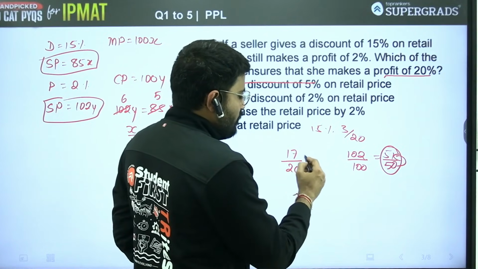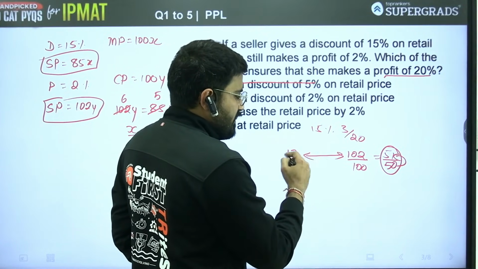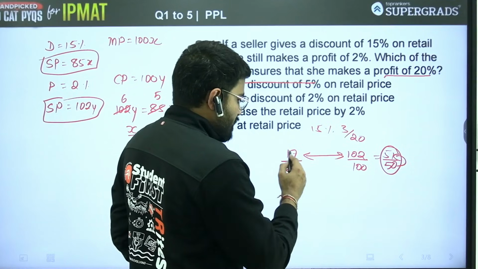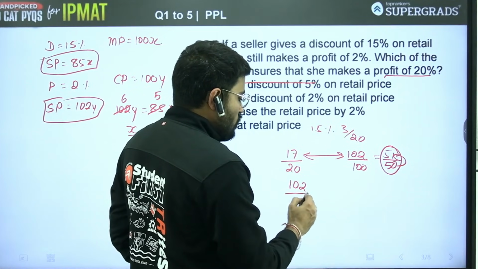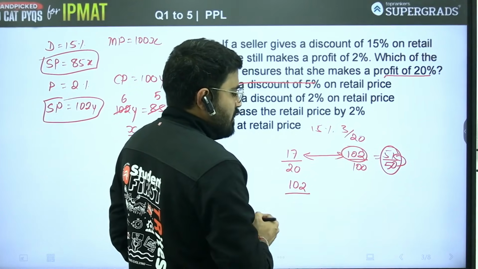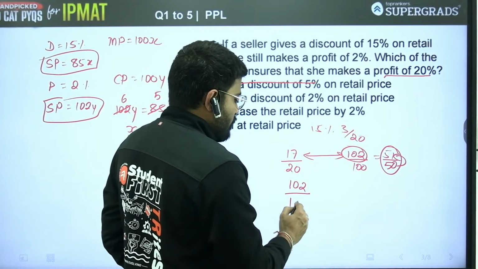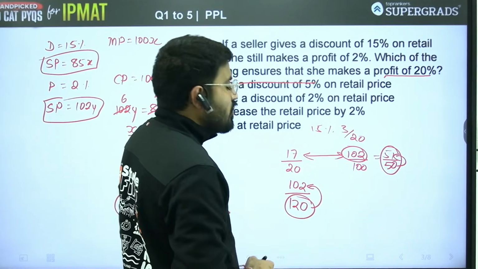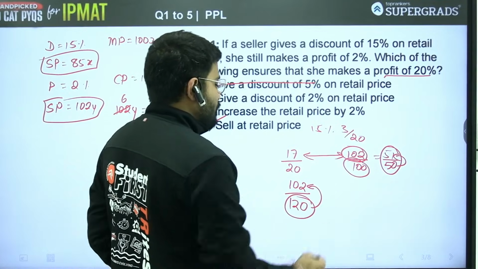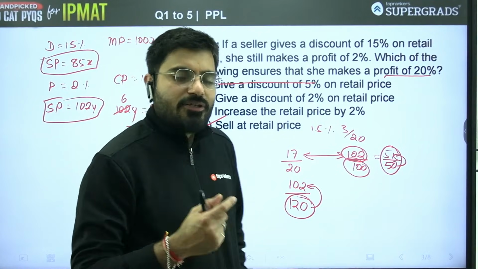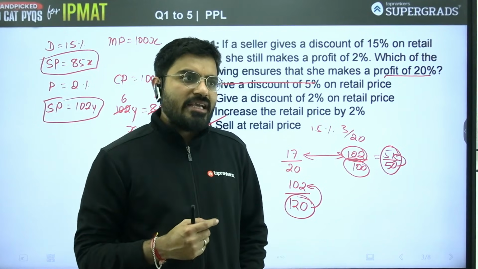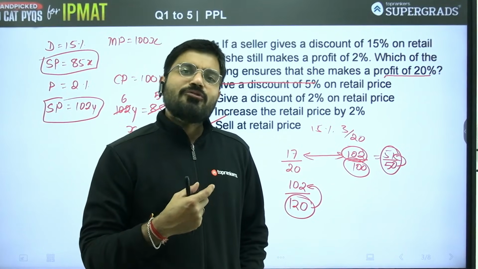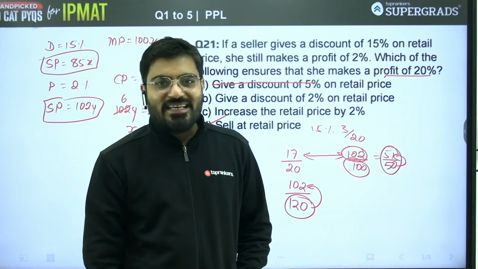To equate these two, I will multiply these two terms by 6. 17 into 6 becomes 102, because it is actually sold for 102 rupees, and 20 becomes 120. So it was marked at 120 and sold at 102, because the cost price is 100 rupees. This is the Jadoo trick: you form the fraction 17 by 20, convert 17 by 20 to 102 by multiplying by 6, and there you will observe the denominator becomes 120.